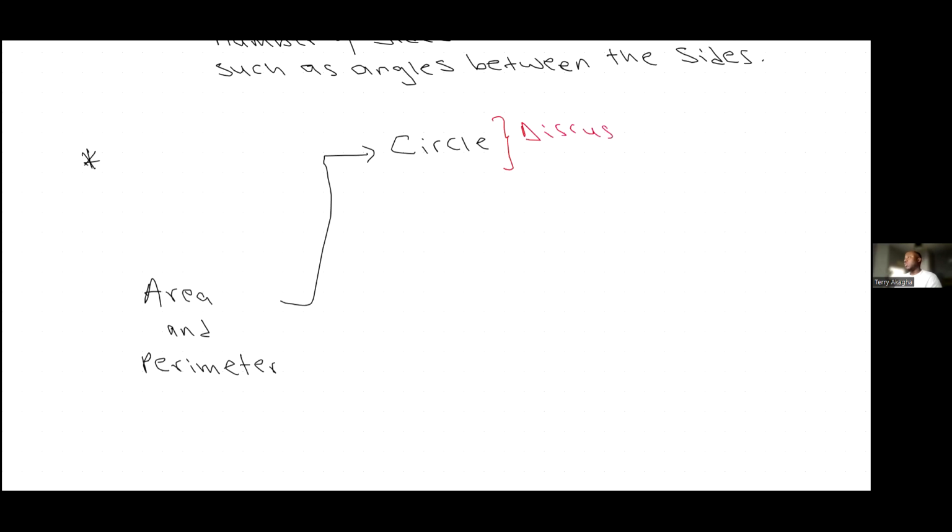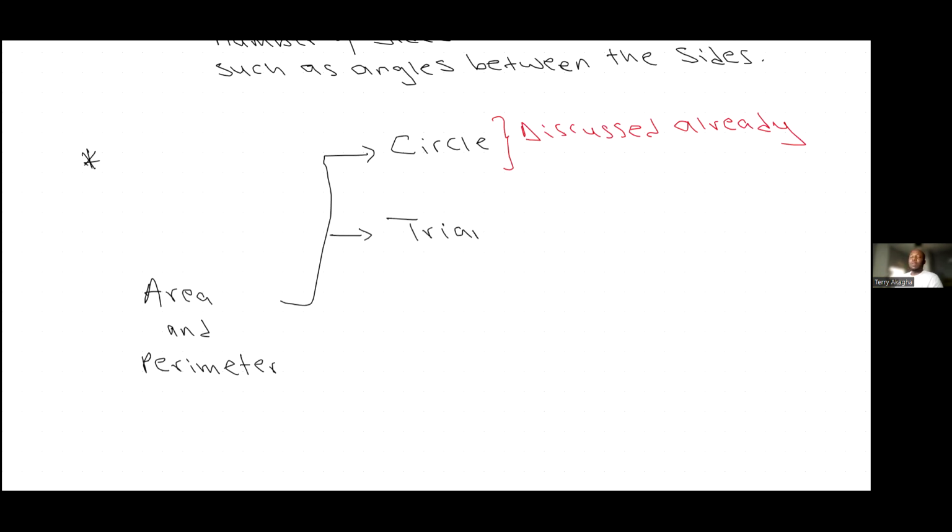Please go to the series and just search for the area of a circle. We talked about area of a sector, how to find the circumference of a circle and all the stuff. But in this series, we're going to talk about how to find the area and perimeter of a triangle.